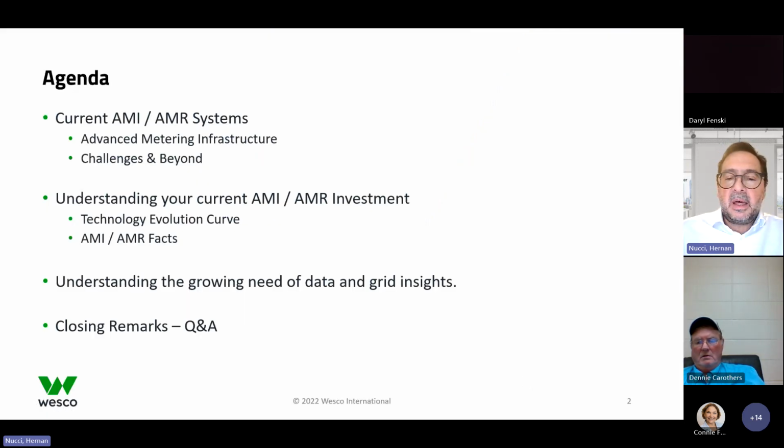So this is the agenda that we put together. We're going to talk about current AMI and AMR systems. This is probably a boring module. You know probably more than me about that, but the idea is to set up the vocabulary, expectations, and frame the second part of the presentation, which is understanding your current system, framing what we call the technology evolution curve.